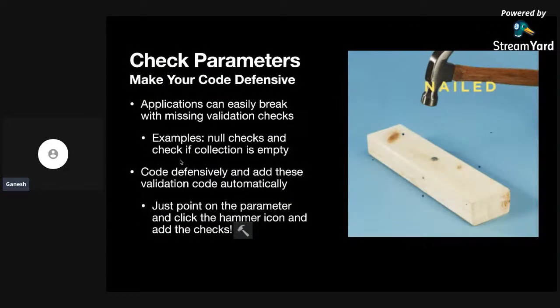Another simple example of improving the existing code is to check parameters in methods, to make your code much more defensive. We often see applications breaking easily with missing validation checks, for example, missing null checks, or checking whether a collection is empty when it is passed as a parameter. So we can code defensively and add this validation code automatically. Just point at the parameter, click the hammer icon that appears, and add these checks.